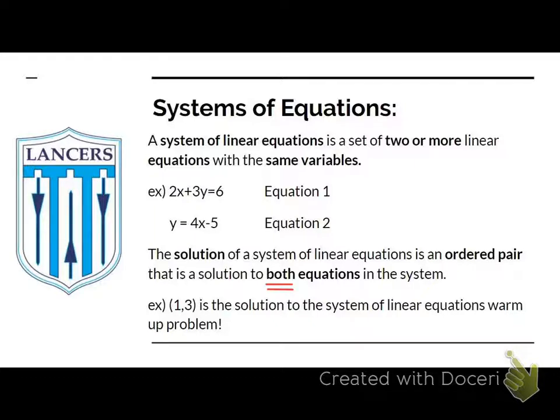So that problem we just did, you can see those lines crossed at the point (1, 3). That would have been the solution to that system. They did not give us a solution to this example system. We could find it. We're not going to right now. Maybe later.